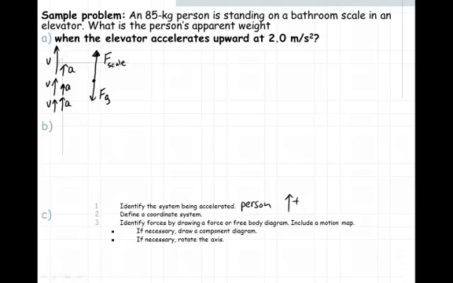Now, just to make sure we understand, sometimes this force of the scale can also be called the normal force. So in some problems, if there's no scale, they're just referring to the normal force. Also, this is what is sometimes referred to as the apparent weight.